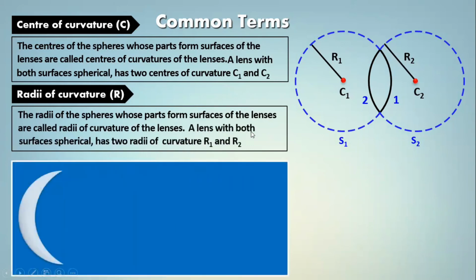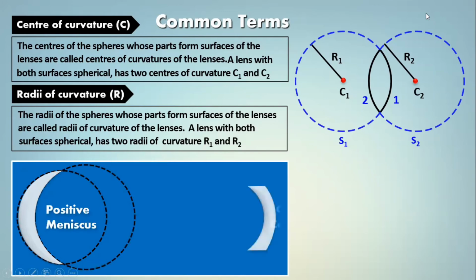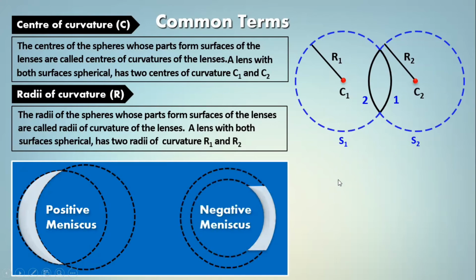Both are called the radii of curvature. We have already seen these types of lenses. Some extra knowledge, positive meniscus and negative meniscus from outside, and this is from inside.